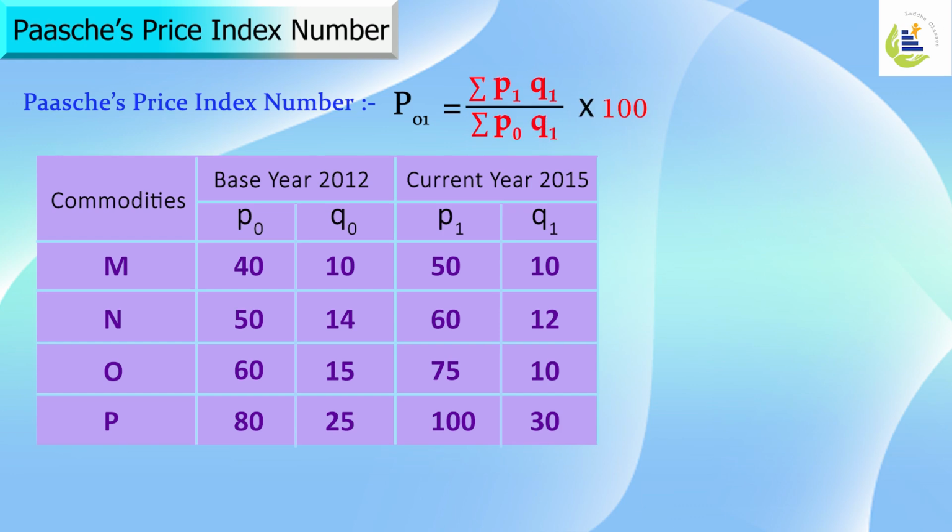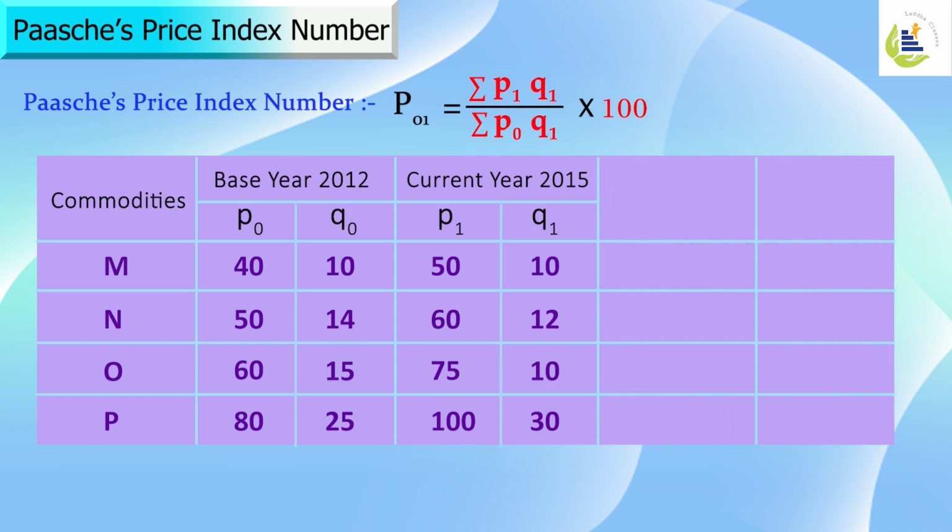In order to calculate this formula, we need two more values. So we will add two more columns. The first column will be P1 Q1 and the next column will be P0 Q1. So what is P1 Q1? It is current year's price into current year's quantity. For M, it turns out to be 50 into 10, 500. For N, it is 60 into 12, 720.